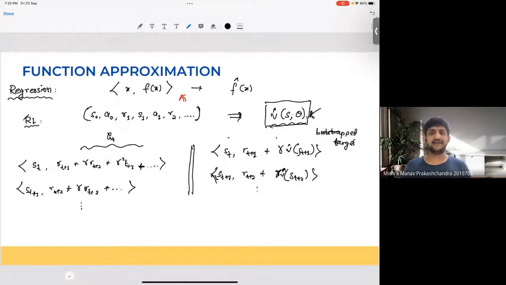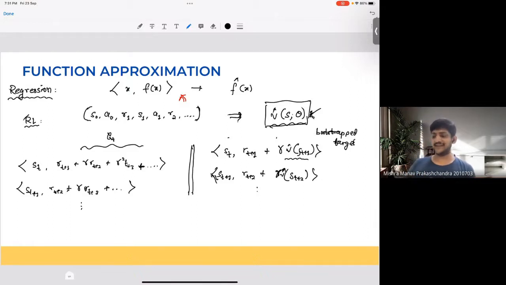The way I write this bootstrap target is that I'm using an estimate of the value function that I have at time t plus one to predict my V hat of s, right? So I'm using an estimate of V hat to predict my V hat. So you see the issue that comes up here.